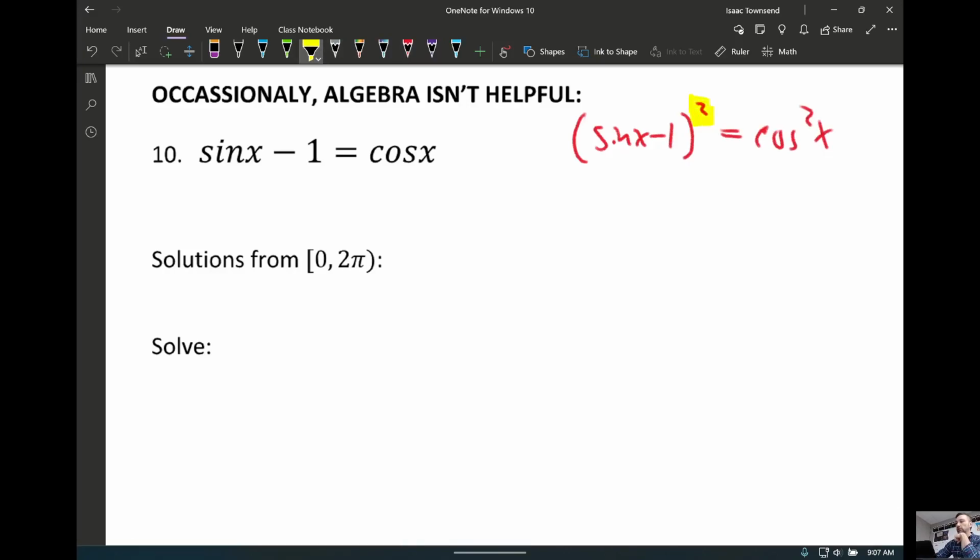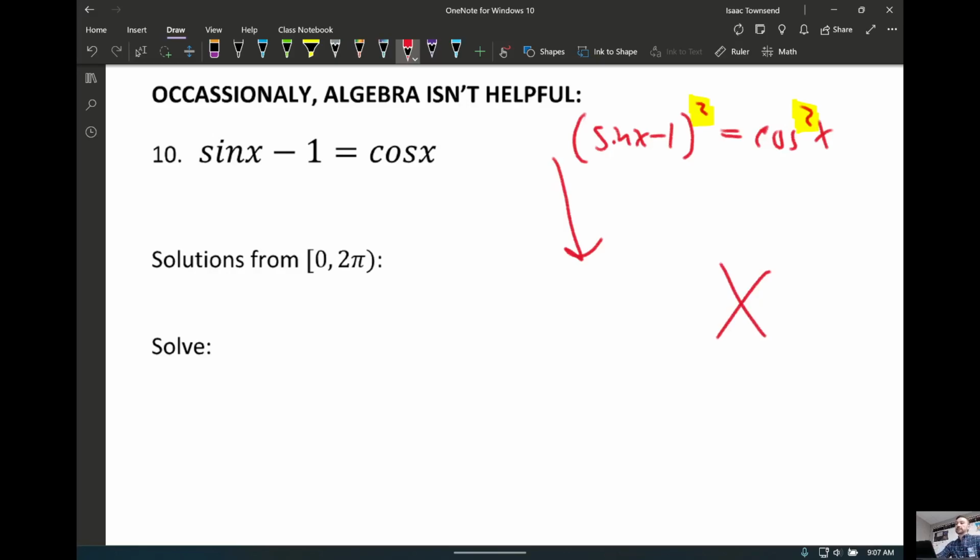You can square both sides algebraically, and then in theory, you can work this side by FOILing this out, combining everything in the sines or combining everything in the cosines, solving it like a quadratic, get everything on one side set equal to 0, factor, set each factor equal to 0, and solve. But that is not the way I would recommend doing this question.